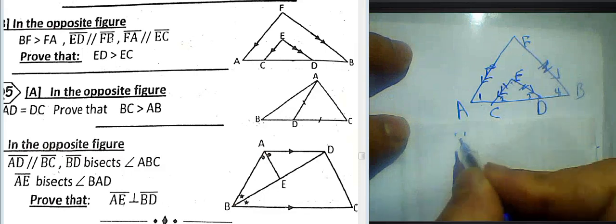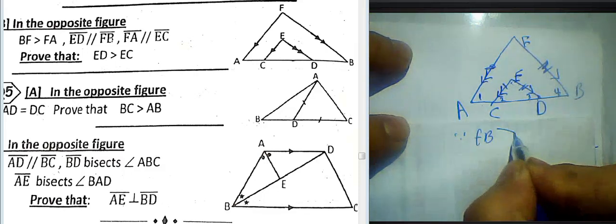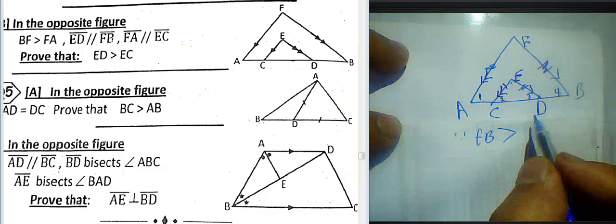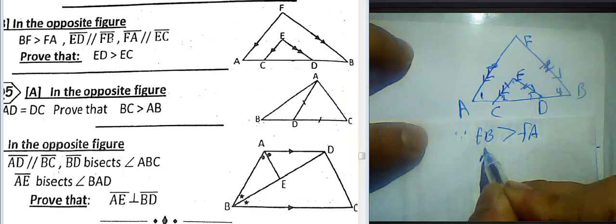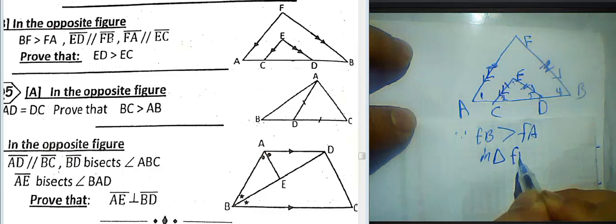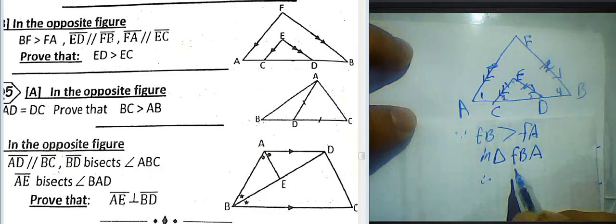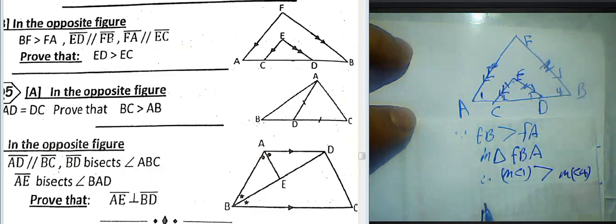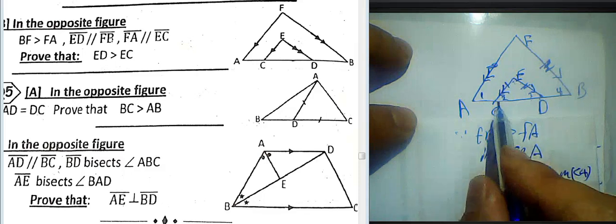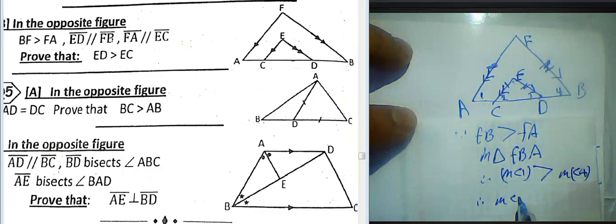Such that FB was equal to FA in triangle FBA, then measure of angle 1 will be greater than measure of angle 4. Then measure of angle 2, because why?